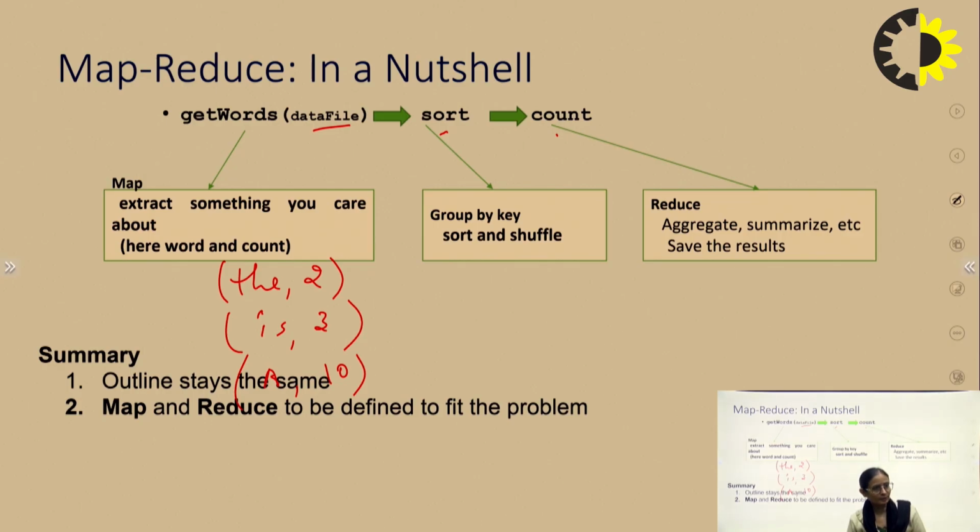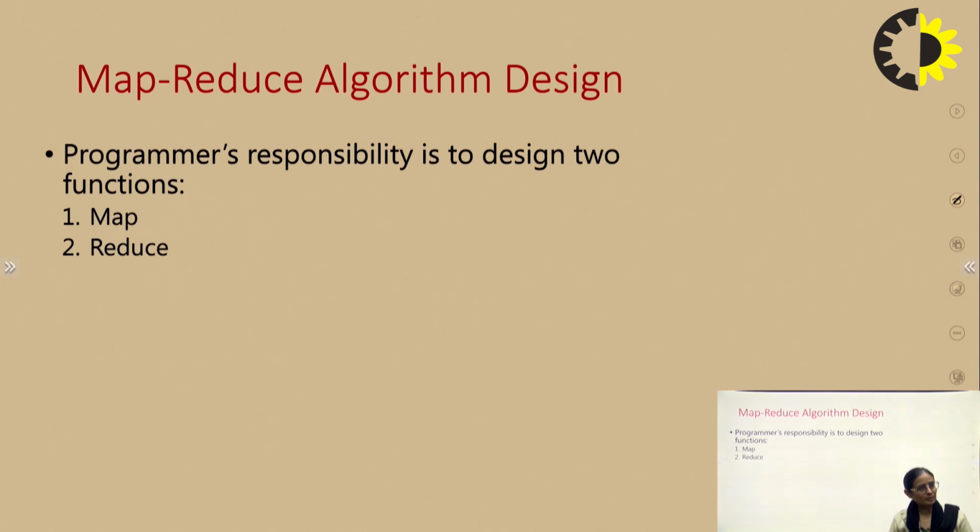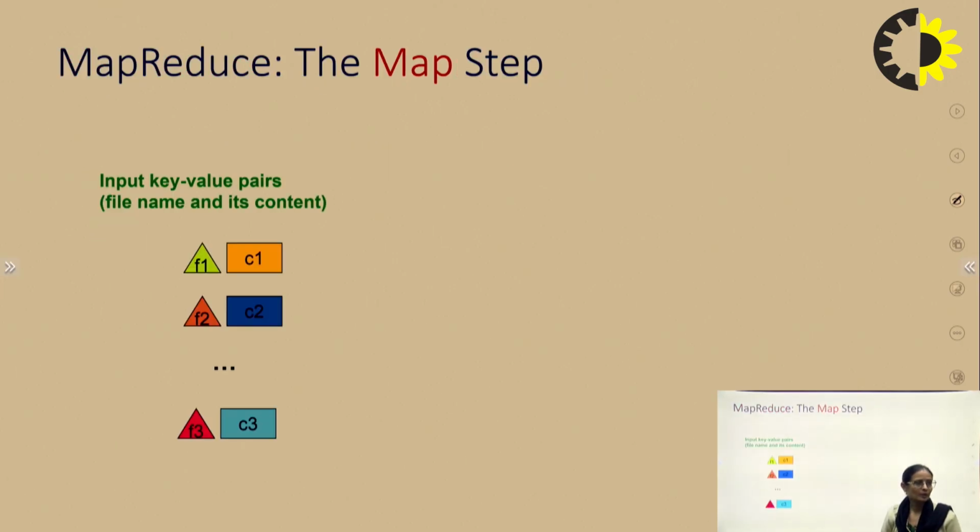So what's the summary? The outline stays the same as we have seen earlier, but map and reduce are to be defined to fit the problem. So the programmer's responsibility here becomes just to design the map and reduce functions. We input the key value pairs, file name and its content in this case.